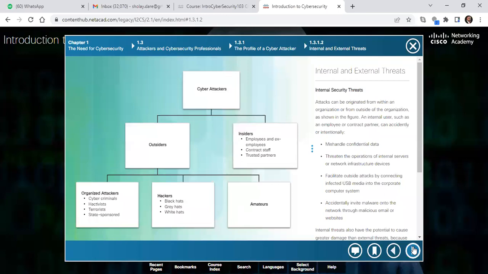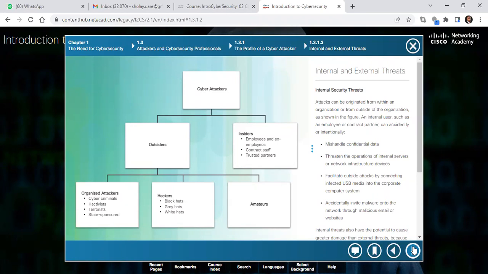Their work is just to be getting information and sending it to their hackers out there. So for every cybersecurity professional, there are ways you need to check to make sure your employees are not involved in hacking. So employees and ex-employees are insiders.